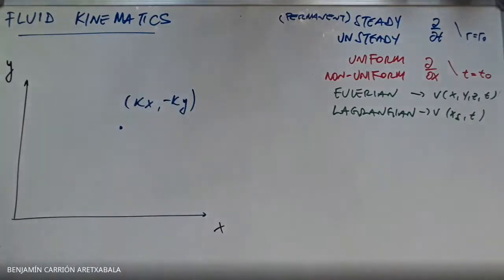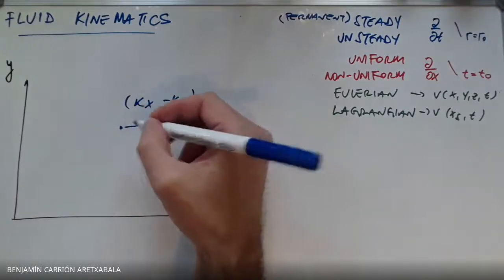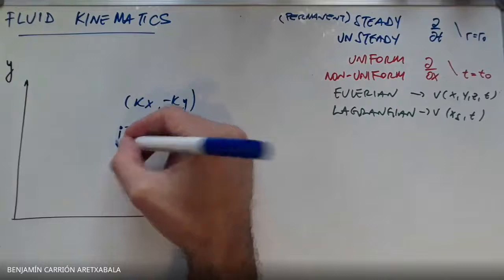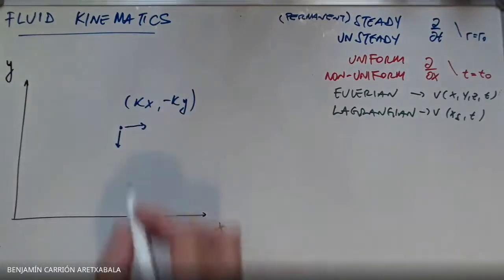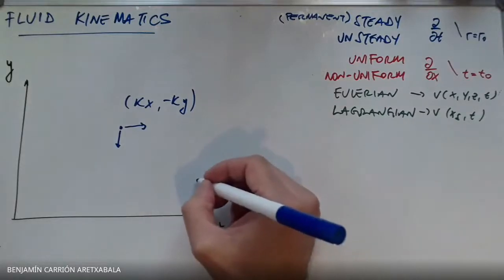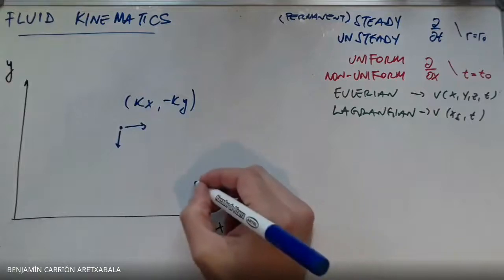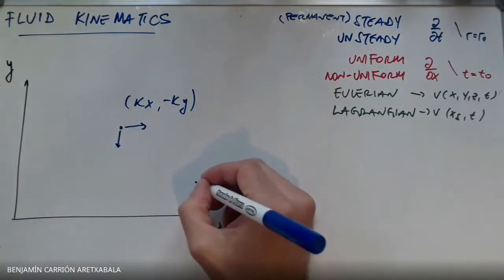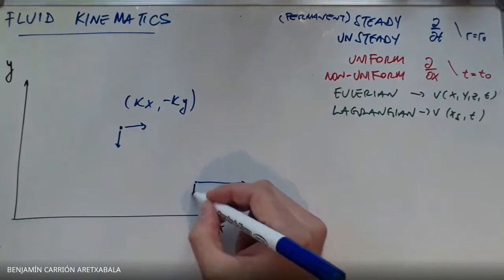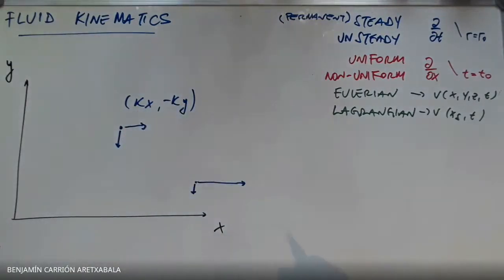If k is positive, the velocity is going in that direction and in that direction. If we move to a point here, these don't have to be exactly the same, but the velocity here is going to be larger, and the velocity here is going to be smaller than this one, right? So what's the shape that the streamlines are going to have?